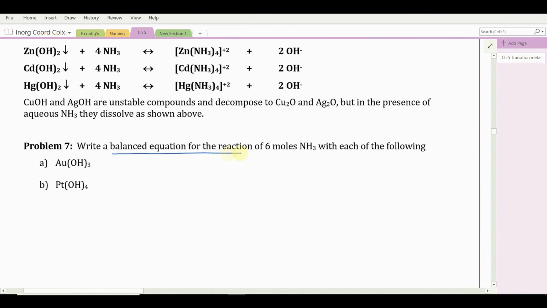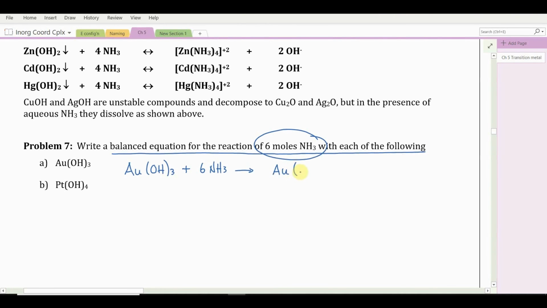Write a balanced equation for the reaction of 6 moles of ammonia with each of the following. So since I've told you it's 6 moles of ammonia, you know the combining ratio. Au(OH)3, that's gold 3 hydroxide, plus 6 moles of ammonia produces an amine complex of gold.